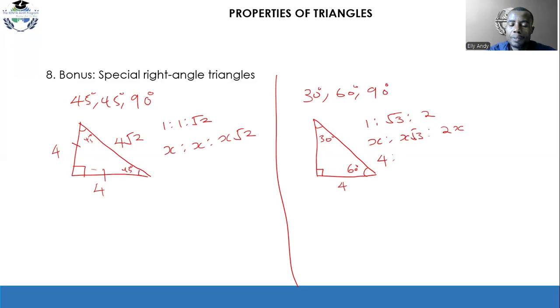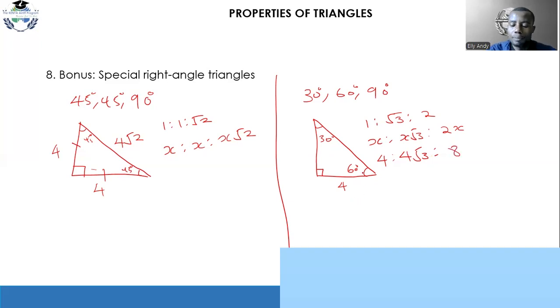So if you got the side opposite 60 as 4 root 3, then you are right. And then the hypotenuse as 2 times 4, that is 8, then you are also right.